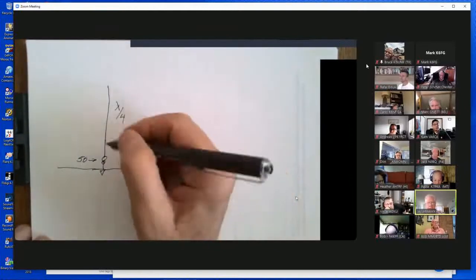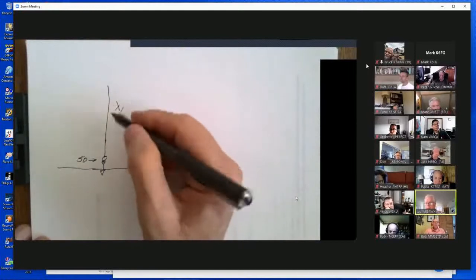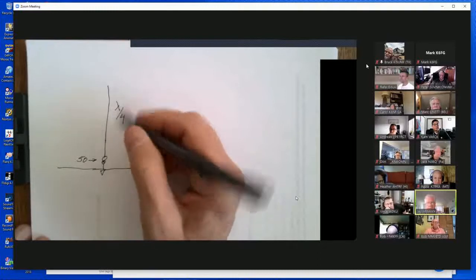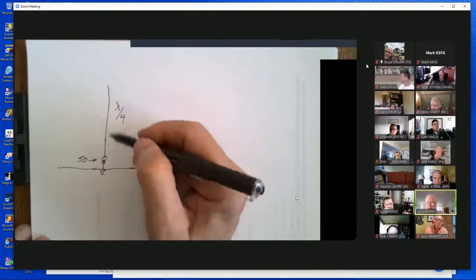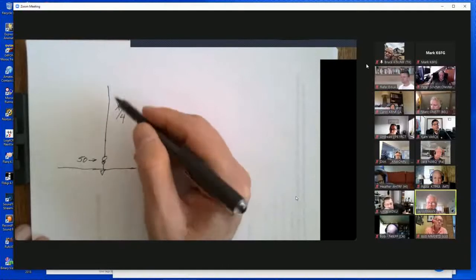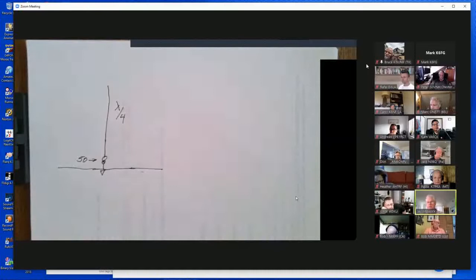But everything has resistance, everything in the real world. And it turns out that even in this case, you would lose a tiny amount of power because of resistance of conductors. Let's say you have a number 12 wire.